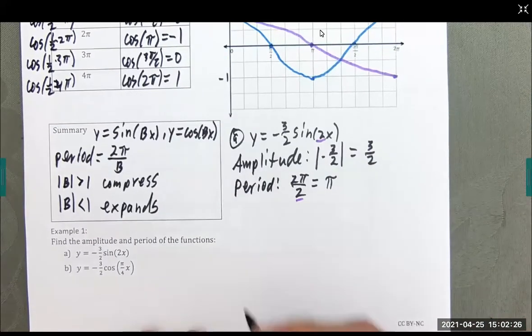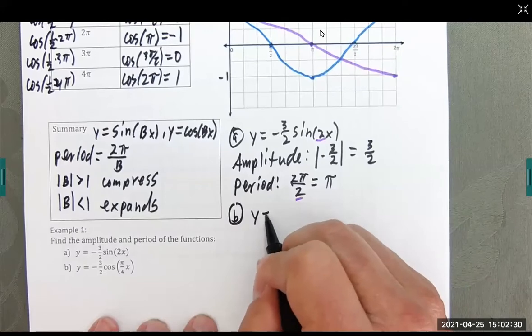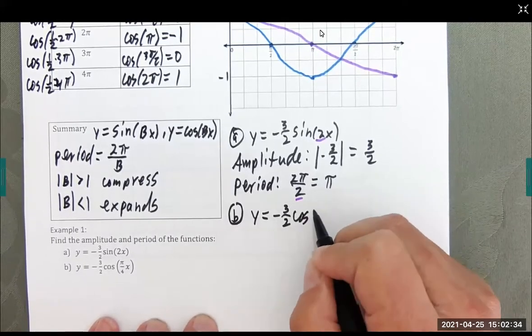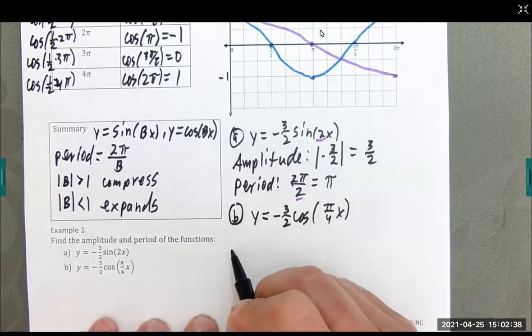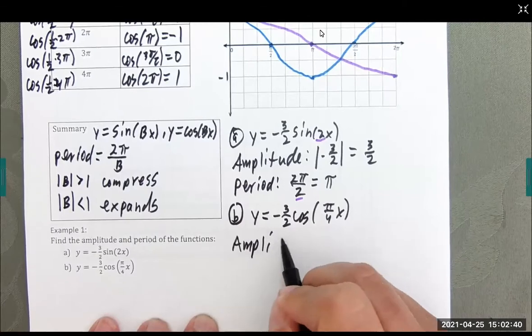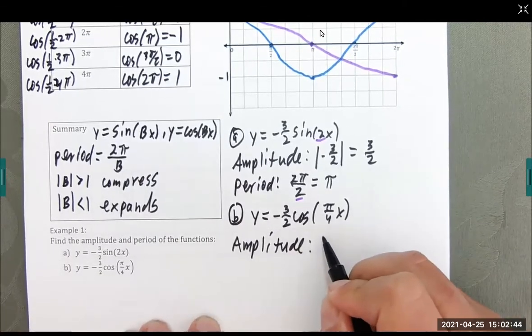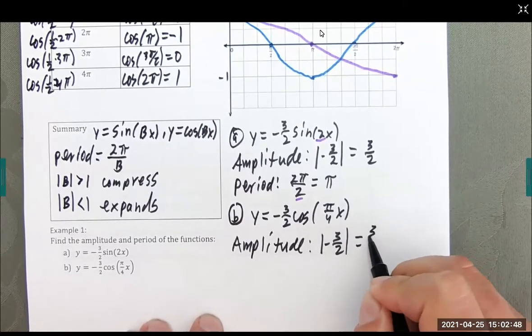Next up, part B. Y equals -3/2 cosine of pi over 4x. Amplitude is the absolute value of -3/2 or just 3/2.